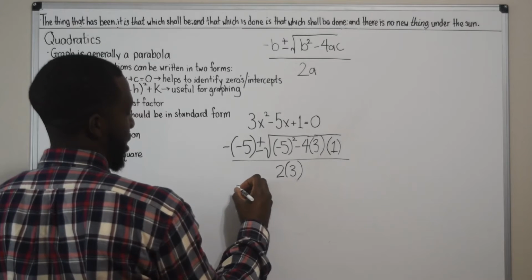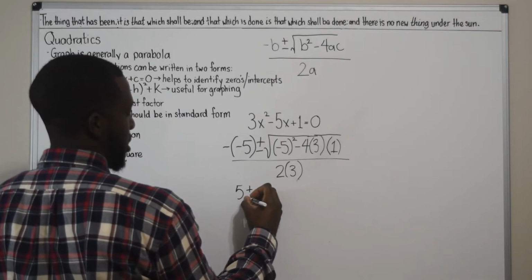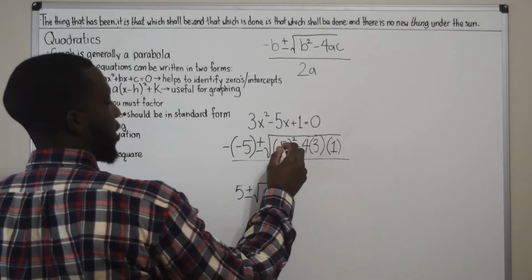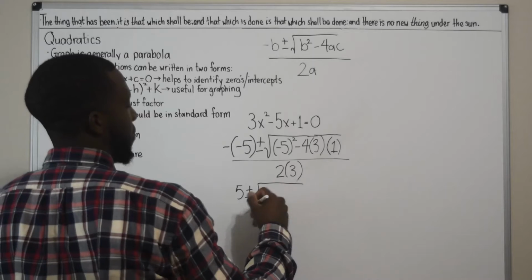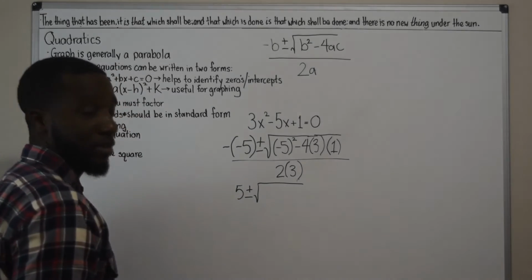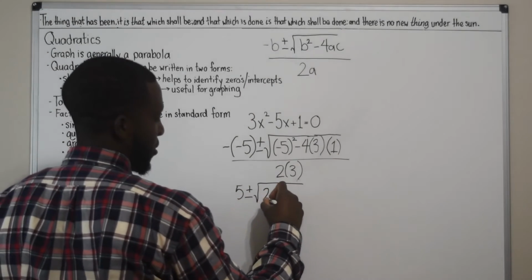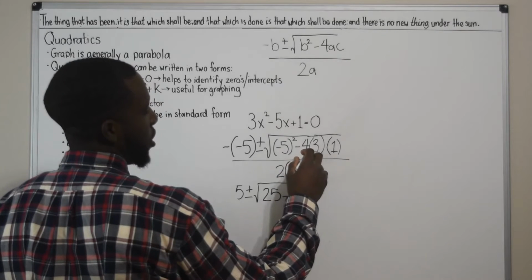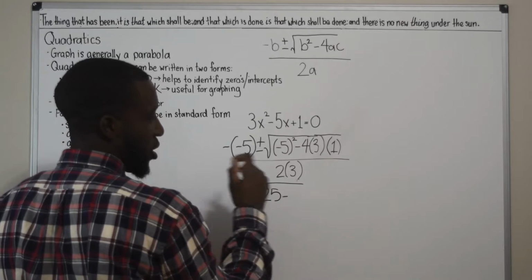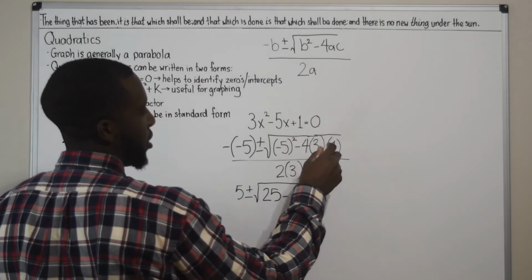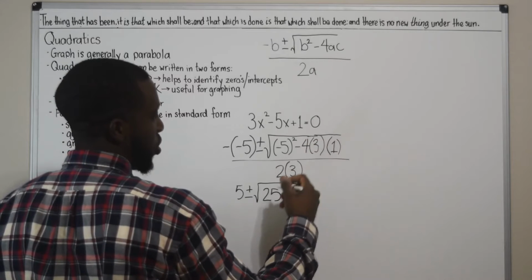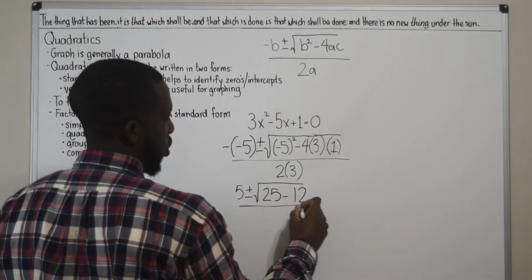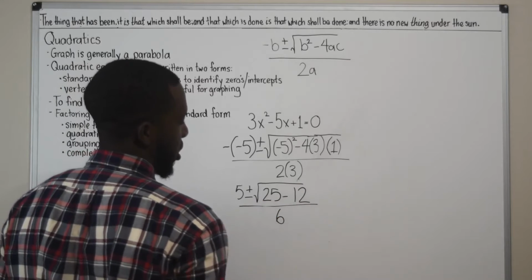All right, so we got 5 plus or minus the square root of -5 squared is -5 times -5, and that's 25, minus 4 times 3 is 12, and then 12 times 1 is 12, so minus 12 over 6.